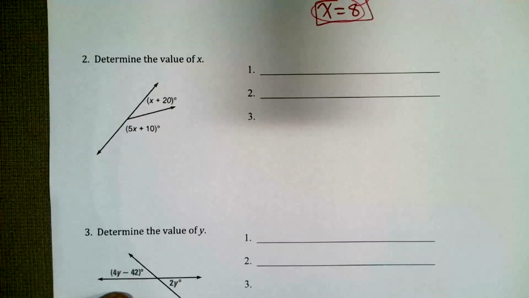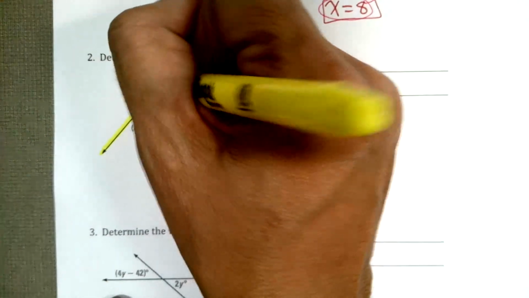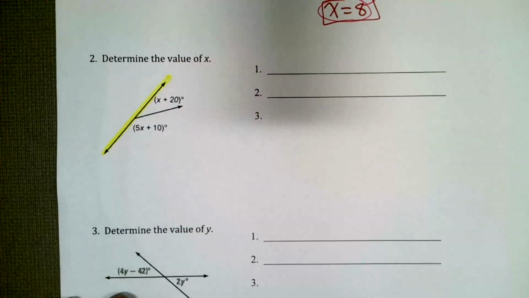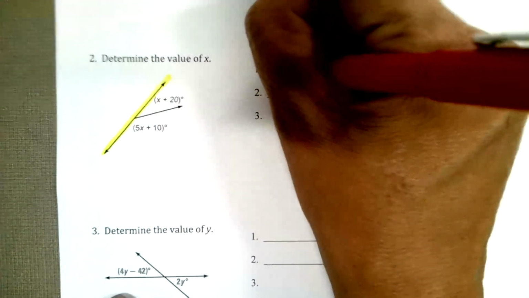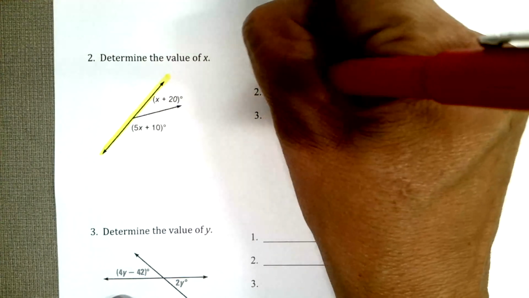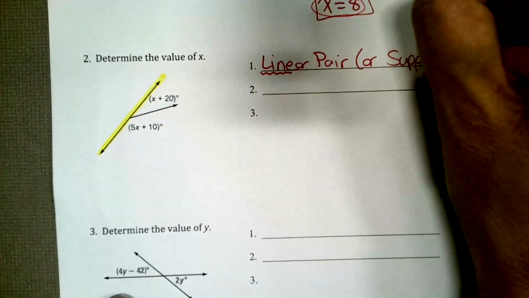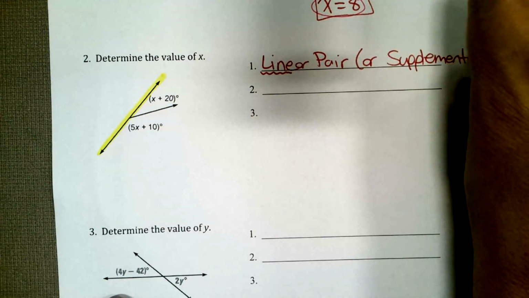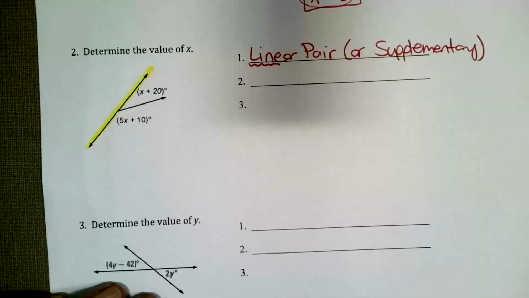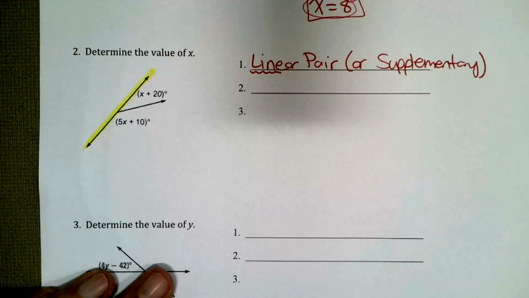Number 2 says determine the value of x. So we have a straight line here that these two angles make up. Most specifically, these would be a linear pair because they're making that line. They are also supplementary. A linear pair is just more specific because they're supplementary and adjacent.